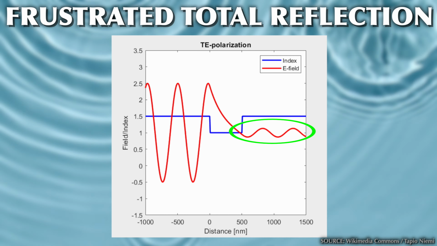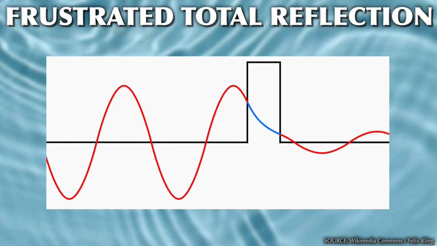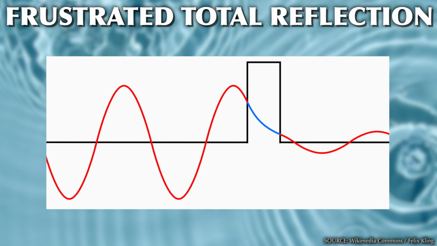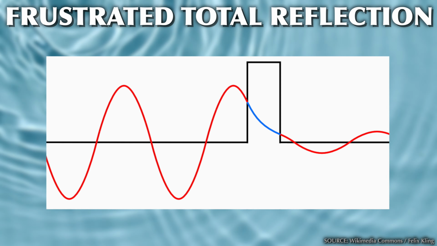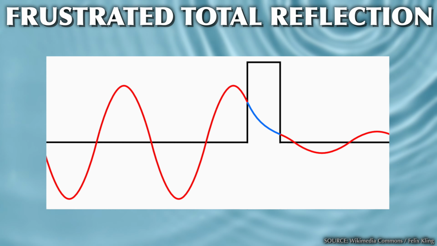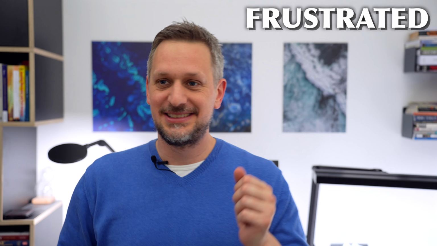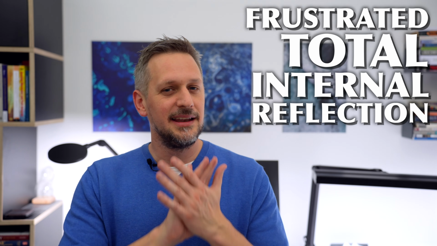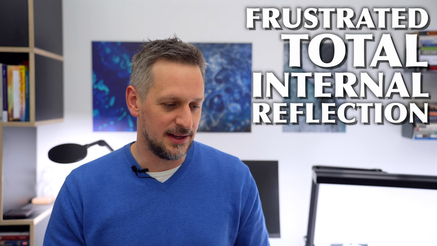And again, there is absolutely no magic in this. The wave simply decreases exponentially, but then reaches another medium where it can persist and move on. And that's what's called a frustrated total internal reflection. It can easily be demonstrated for light and for other waves, and it also has some technical applications in optics and electronics.